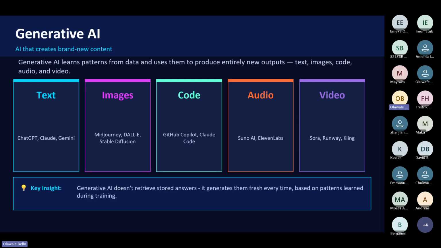And the main difference between generative AI and non-generative AI is that generative AI can create new things, while non-generative AI cannot. It's based on the task that it is designed to perform, compared to generative AI that can create new things like text, images. It can create code. It can create audio. We use generative AI to create video and many other things that we can use generative AI to do.